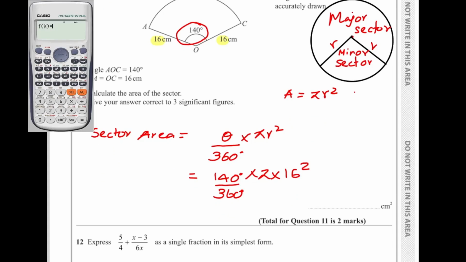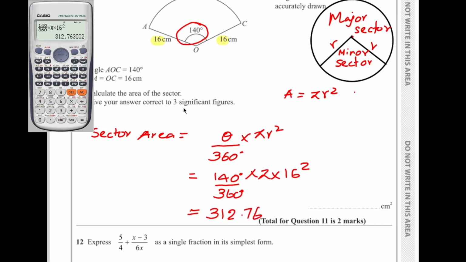Here, 140 over 360 times pi times 16 squared, which gives out 896 over 9 pi, 312.76.